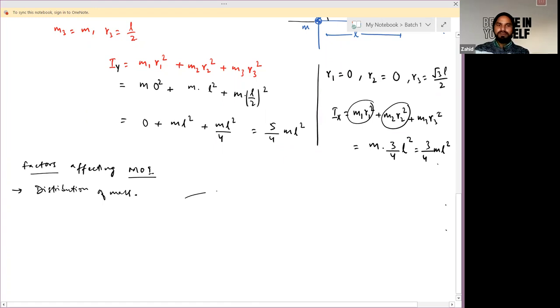Suppose you have a convex lens and you have a concave lens, having the same mass and the same length. So which one do you think will have more moment of inertia, convex or concave?